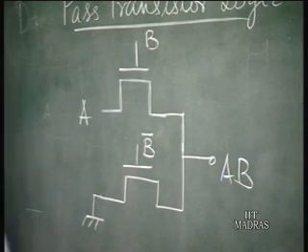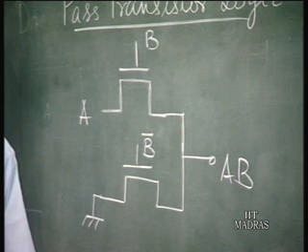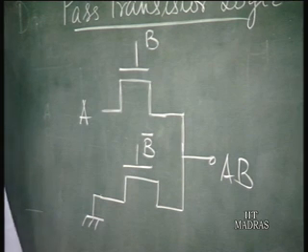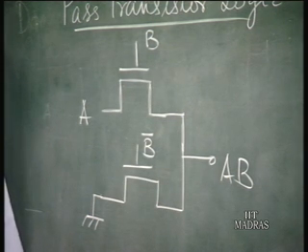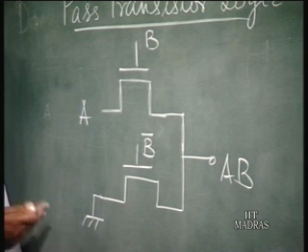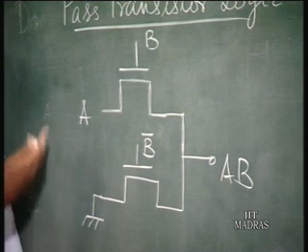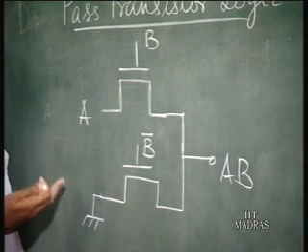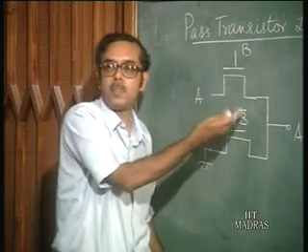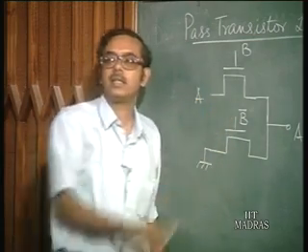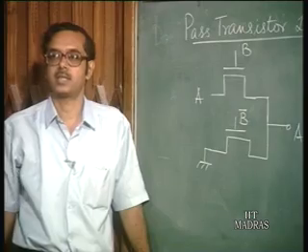With the pass transistors, the advantage you can see very well is that you have just used 2 transistors, and also the power dissipation is effectively zero, because it's not connected to a power supply. It's just using the power in the inputs. So it is a very low power dissipation circuit.